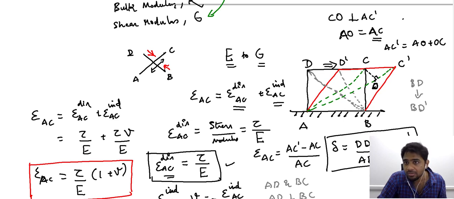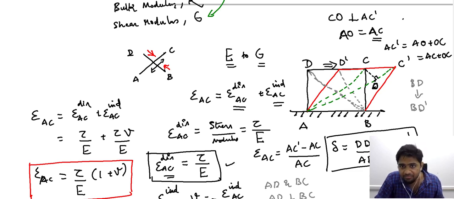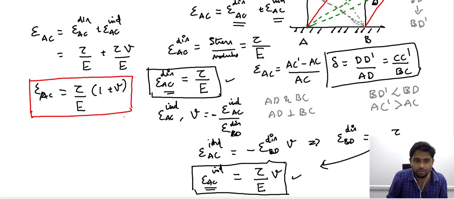And since AO is equal to AC, AC prime can be represented as AC plus OC prime. Because of this point we have two segments, and now we replace AO with AC, and we have an expression for AC prime that is equal to AC plus OC prime.